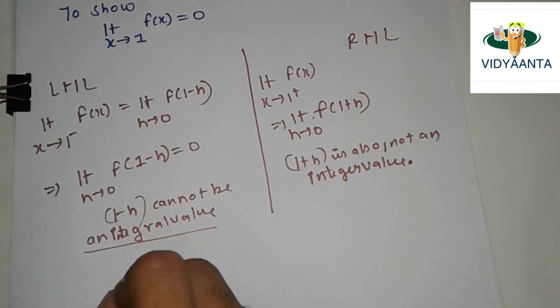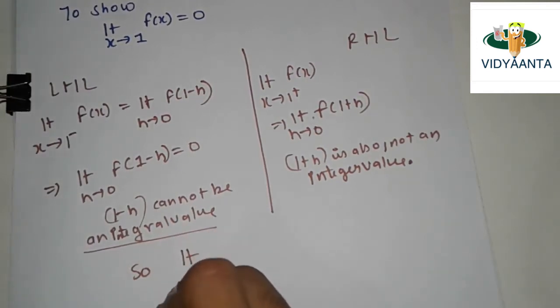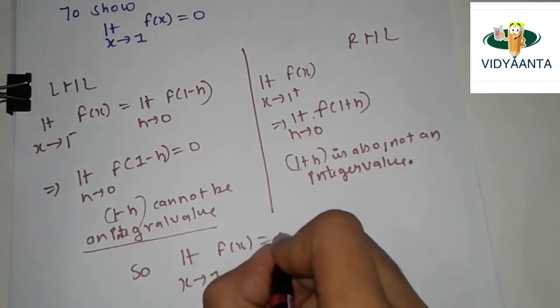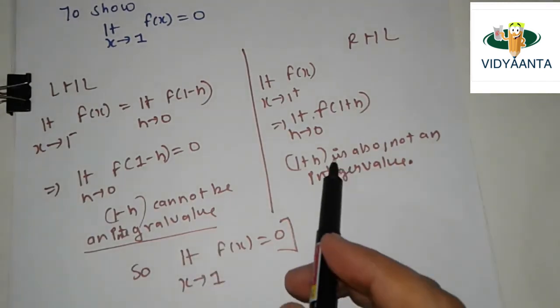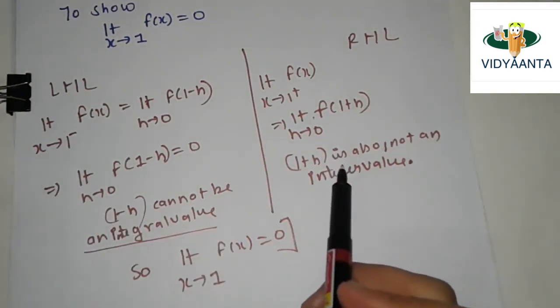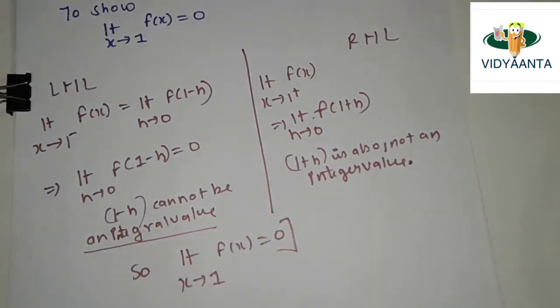So we can say that limit of x tends to 1 of f(x) is equal to 0. As the left hand limit does not have any integral value, similarly the right hand limit does not have any integral value, we can say that limit of x tends to 1 of f(x) must be equal to 0.